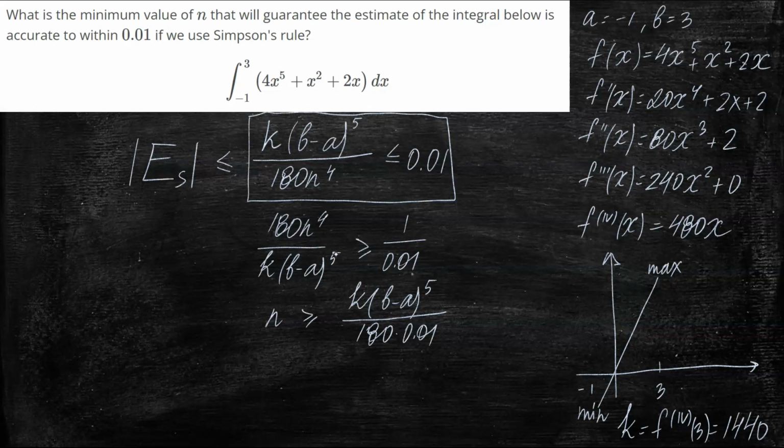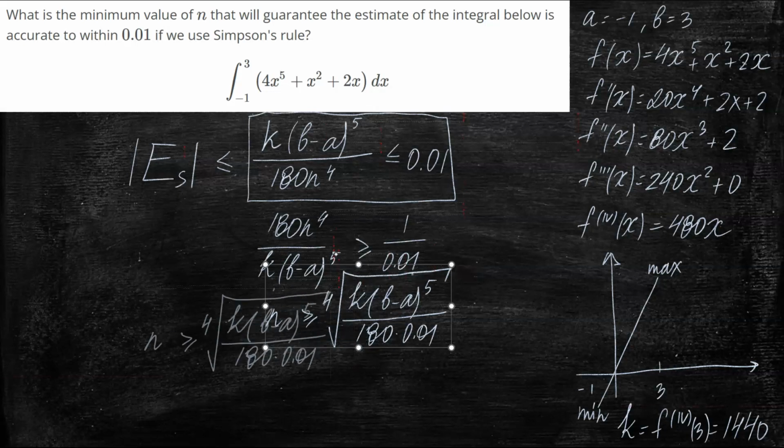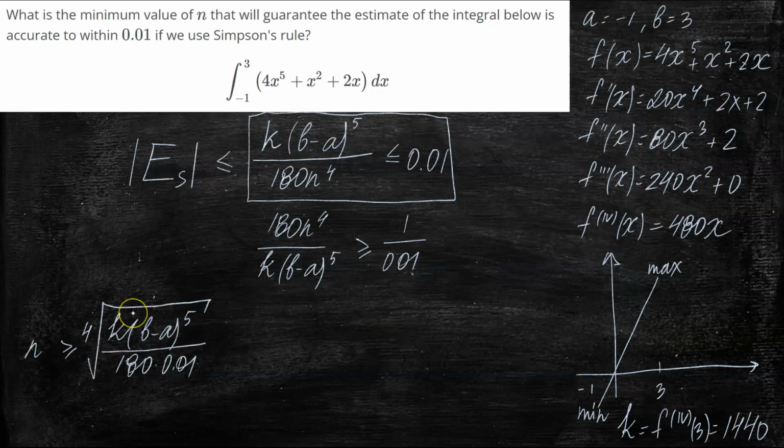And since n is positive, we can just take the fourth root of both sides. So this is the expression I will be working with, and we're going to replace everything in. So instead of k, I'll put 1440. b is 3.